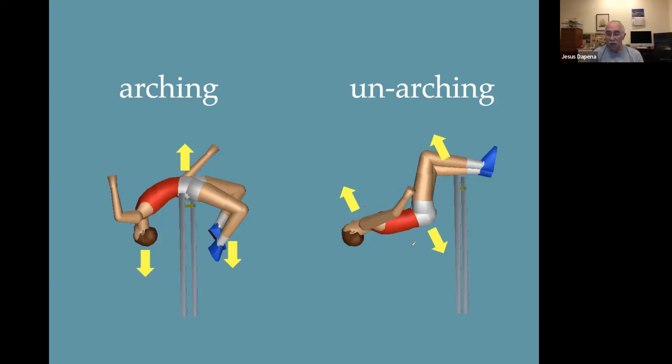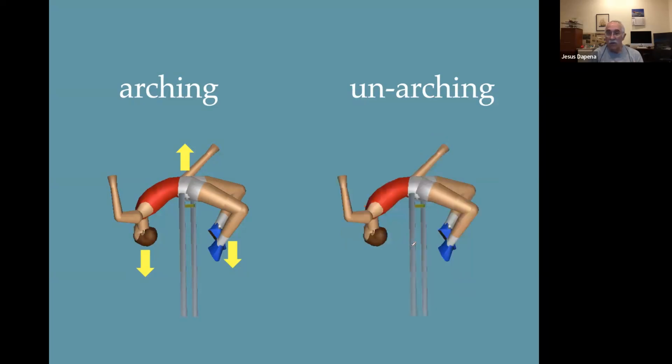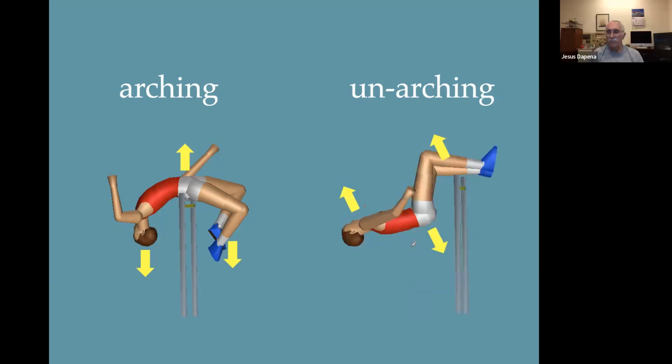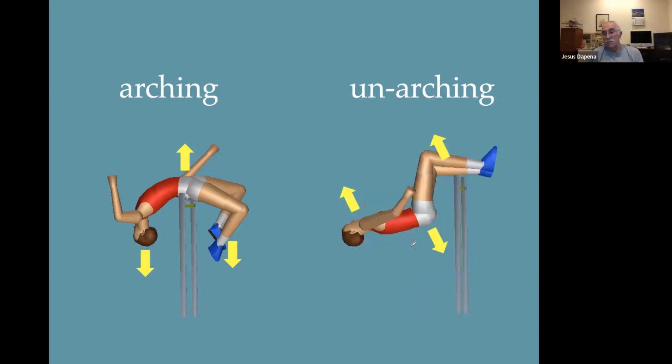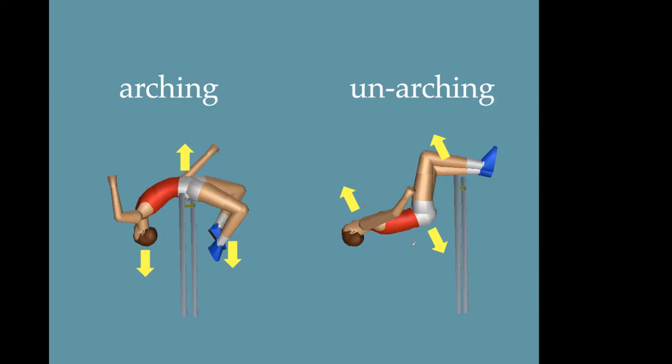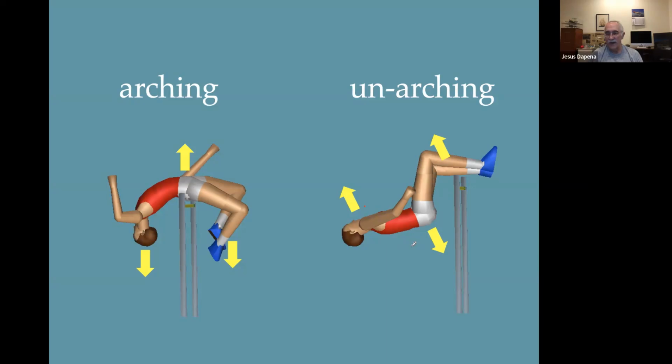What you have done here, let me go back and forth. Okay, what you've done is that there's a clockwise rotation of the trunk, and that produces an increase in the counterclockwise rotation of the legs. Of course, that means that the head has gone up, the legs have gone up, something has to go down, so your hips went down.